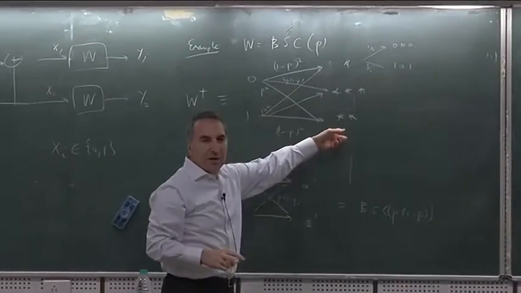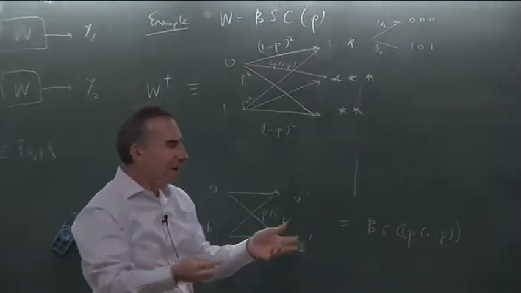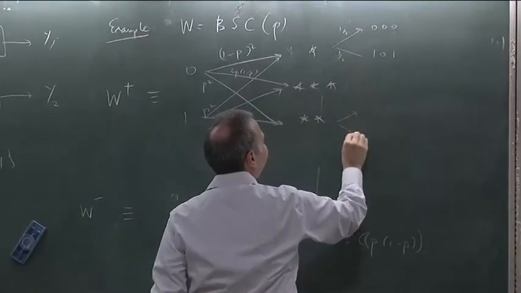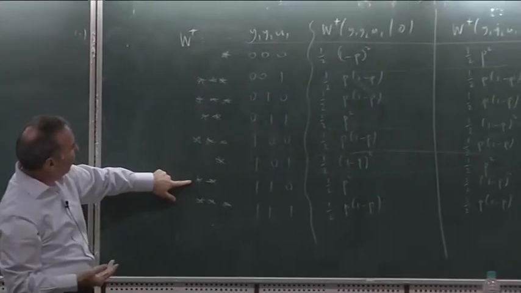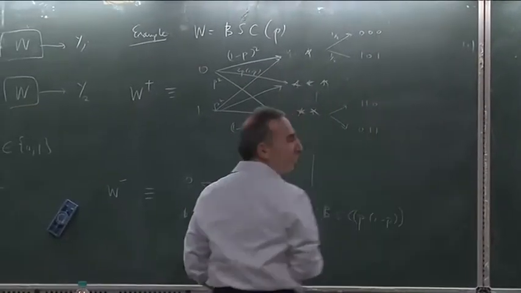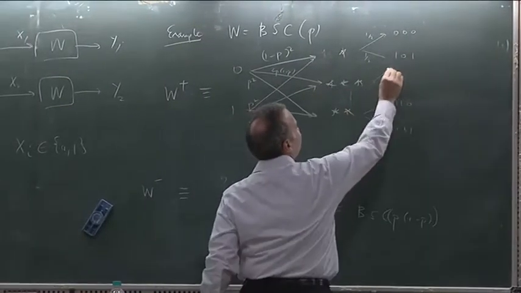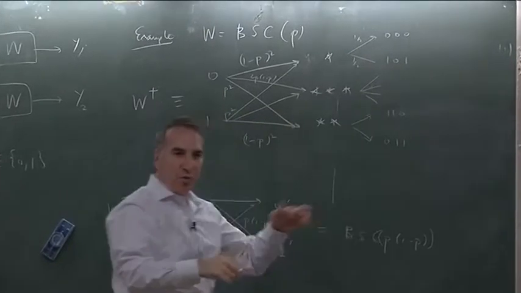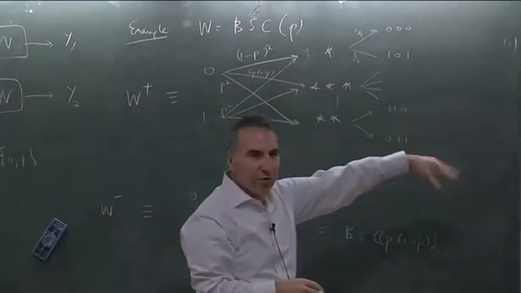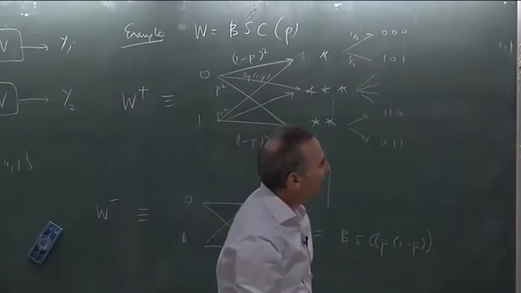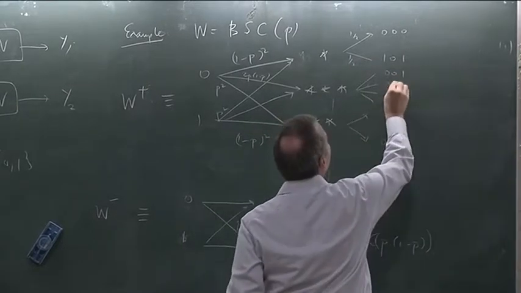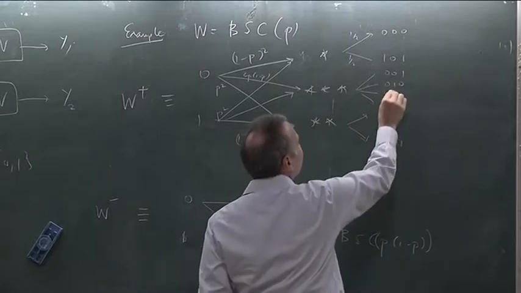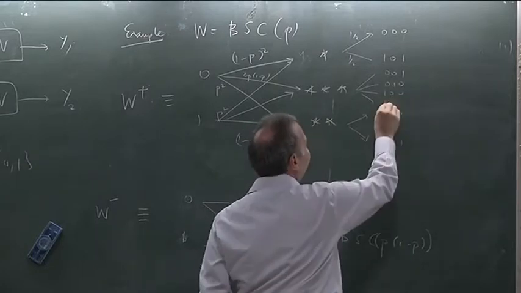I'll take a double star, and also take a coin flip here, and map it into 1, 1, 0 or 0, 1, 1. I'll take this one and take a four-sided coin with probability quarter each, and create the remaining outputs: 0, 0, 1, 0, 1, 0, 1, 0, 0, 1, 1, 1.